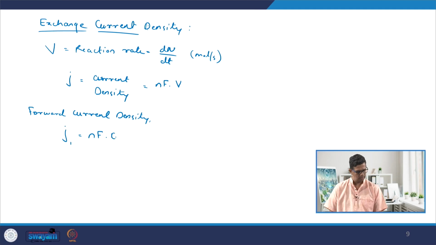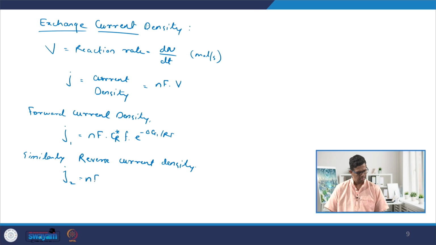So, it is C_R star F1 e to the power minus delta G1 by RT, and similarly the reverse current density, it is J2, nF.